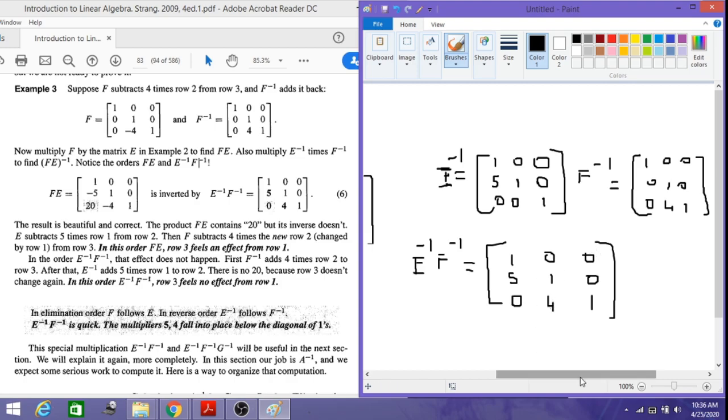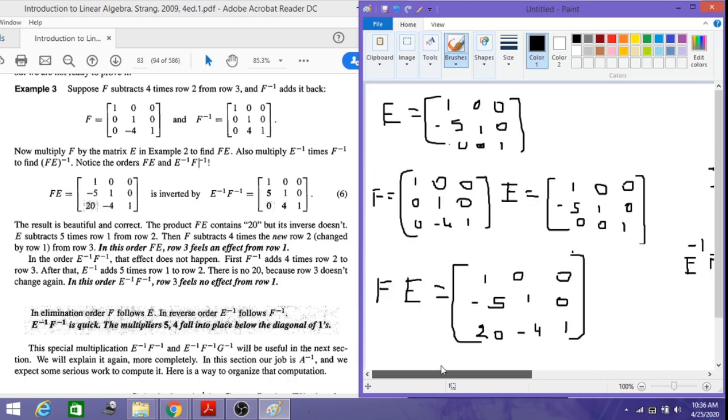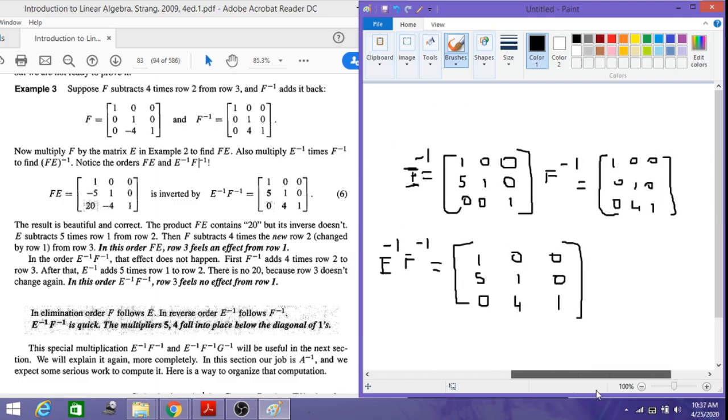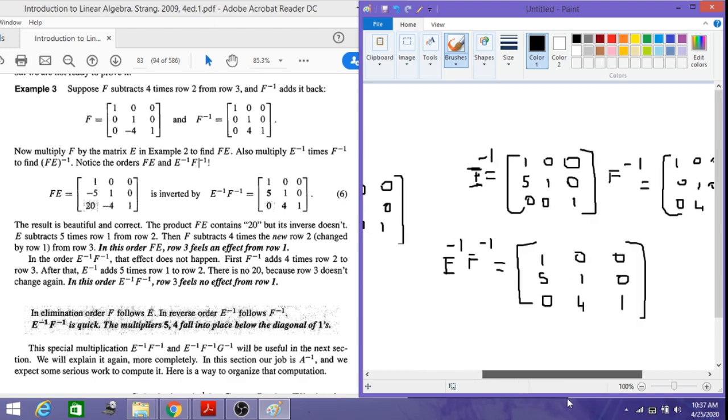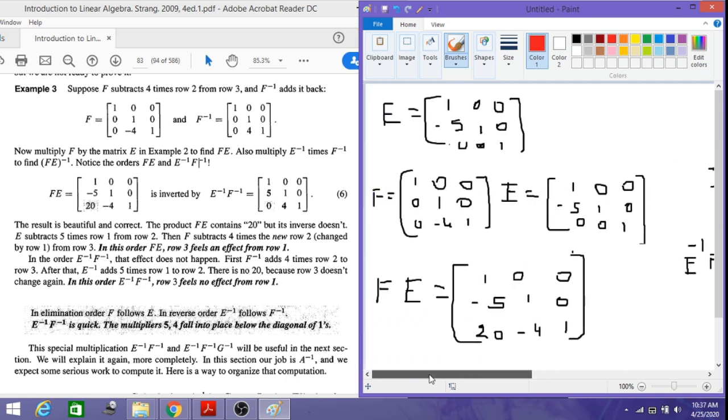So F into E is this term, and if you look at the inverse, we'll get this term. The missing term is this 20. In E we have one extra term, that is 5, and in F we have this 4 that we have added.